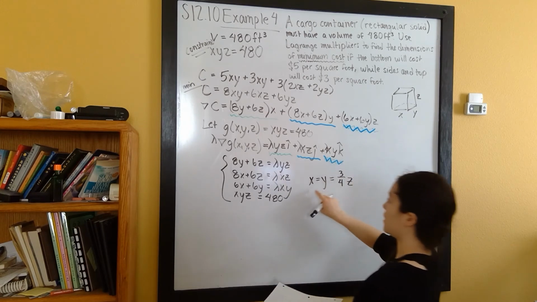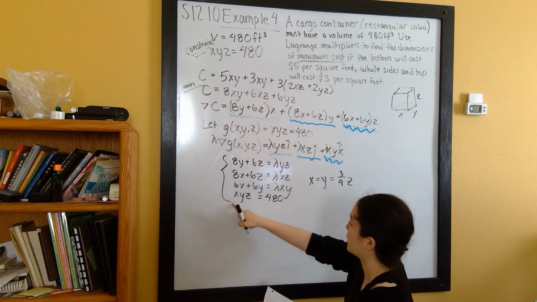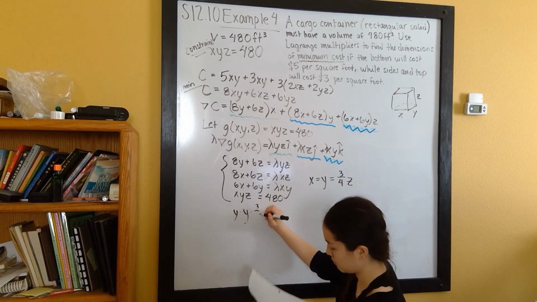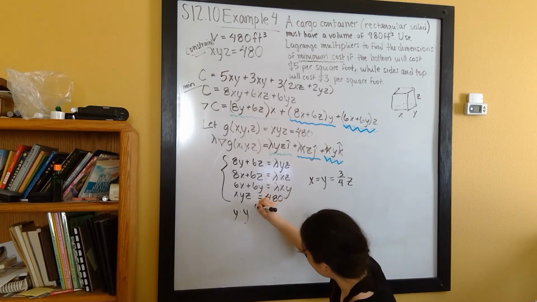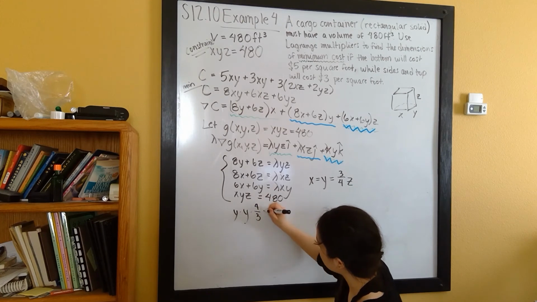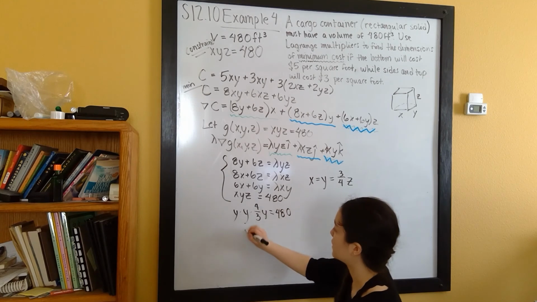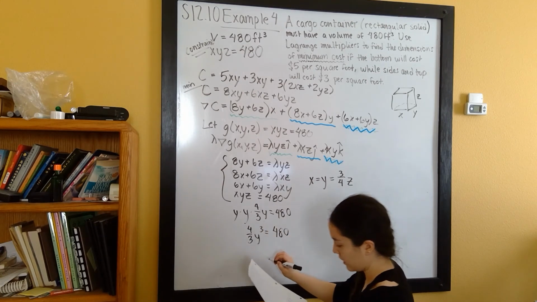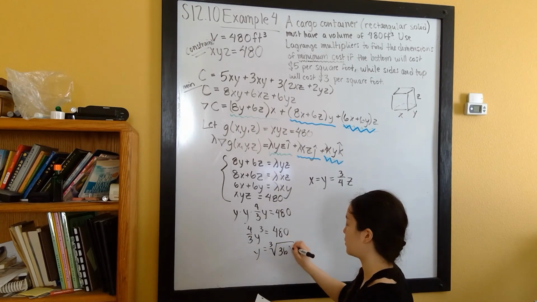From there, we can plug these into our constraint equation, so instead of xyz, we would get y times y times 4/3 y equals 480. This gives us that 4/3 y cubed equals 480. Little math there, then y is equal to the cube root of 360.